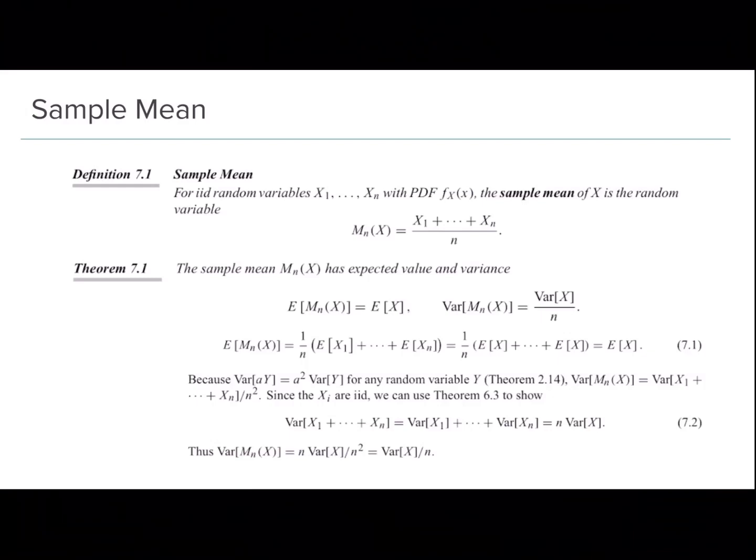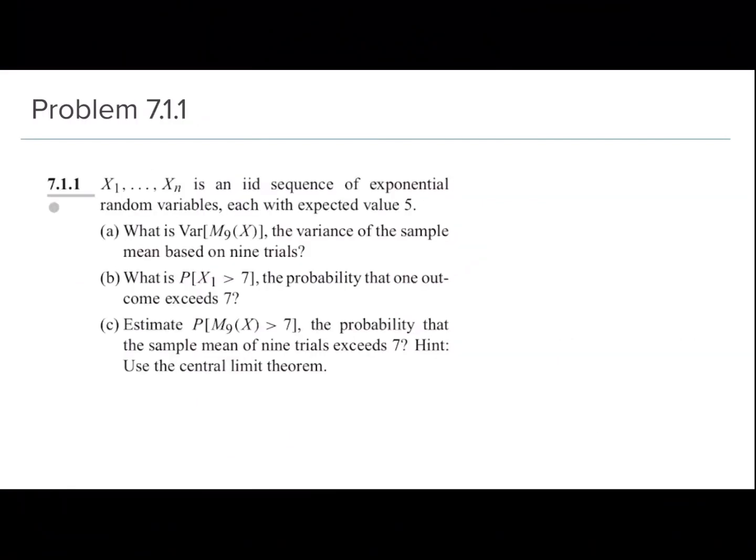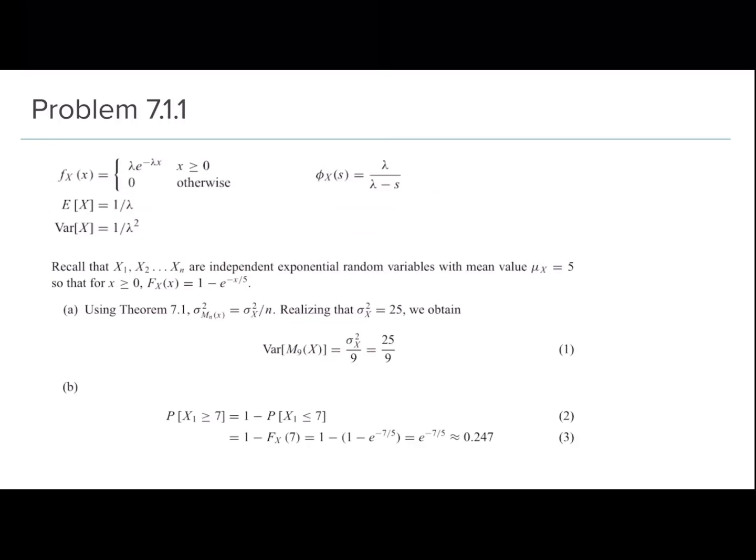Like we mentioned previously, the variance of Mn(X) is equal to Var[X] divided by n. So Var[M9(X)] will be equal to Var[X] divided by n, and Var[X] is 25. So the answer for the first part is 25 by 9. I think that's direct enough.